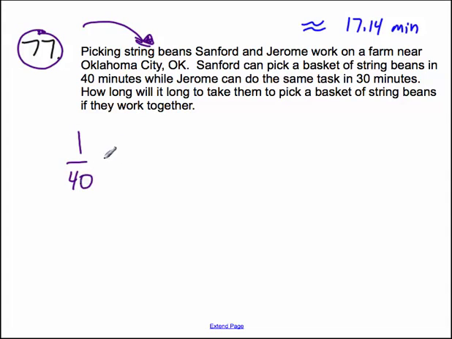So if he works for so many minutes, and this other dude works, right? He picks 1/30th of a basket in a minute. That's his rate. Rate times time. Rate times the number of minutes that he works is going to equal one basket.